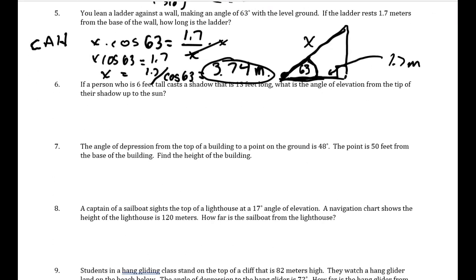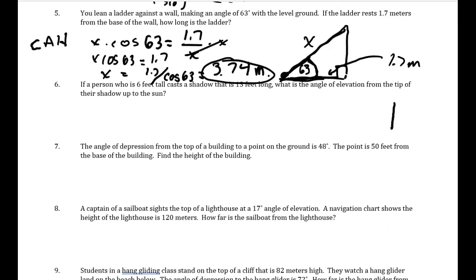Okay, let's do a couple more here. I think at this point we're understanding or not. Let's do 6 and 7 here. A person is 6 feet tall and casts a shadow that is 13 feet long.